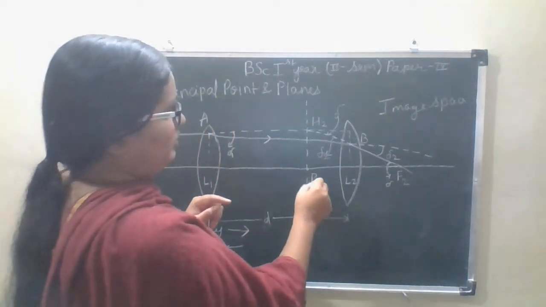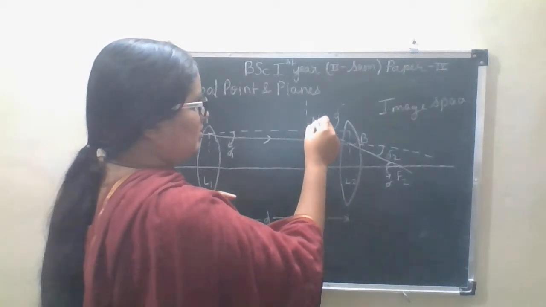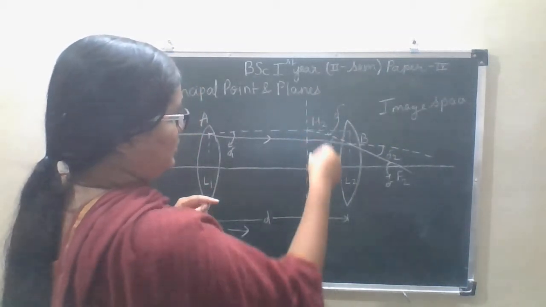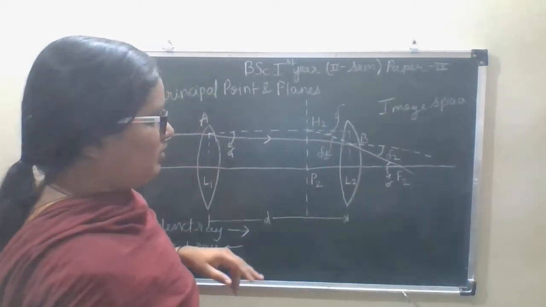Second principal point, that is P2 here, and this is the plane perpendicular to the axis, called H2 here.